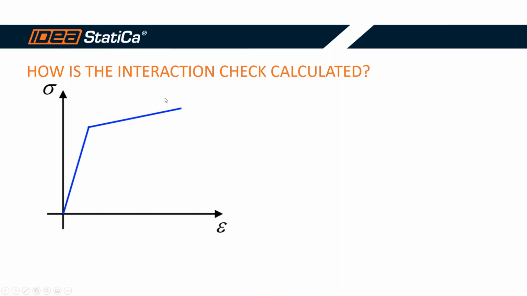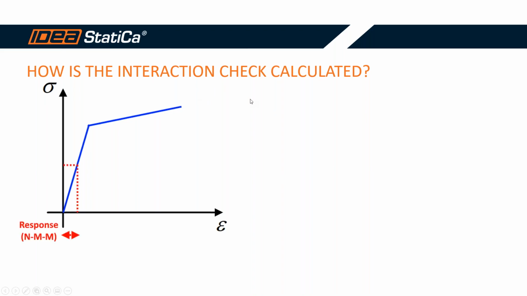So let me explain this. This interaction check is based on the response of the cross-section. That's why I explained this response at the beginning. The response is always calculated, even if it is not turned on in the control of results, because we use some parameters or results from the response for the shear and torsion check, and then also for the interaction check.